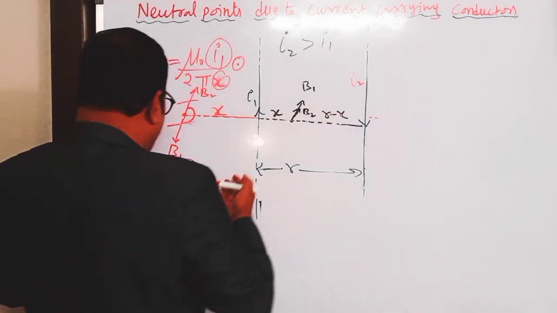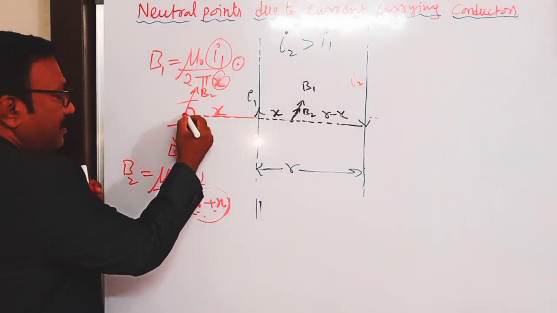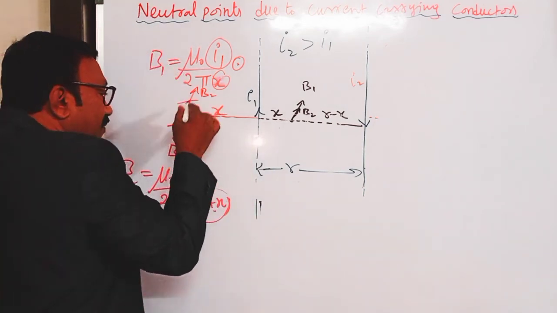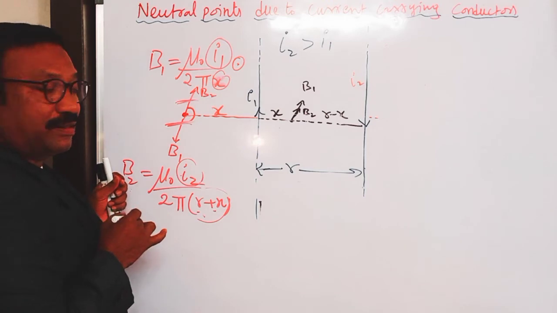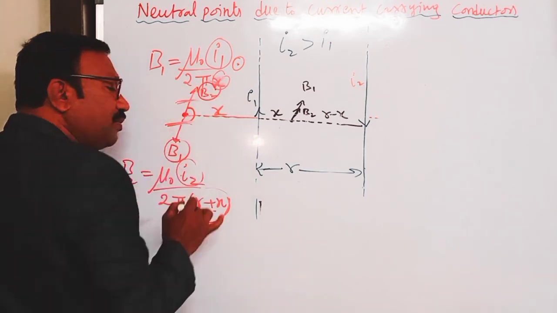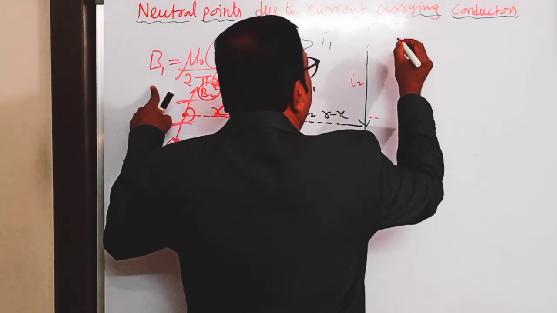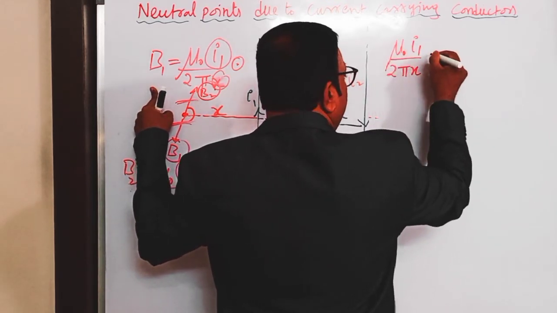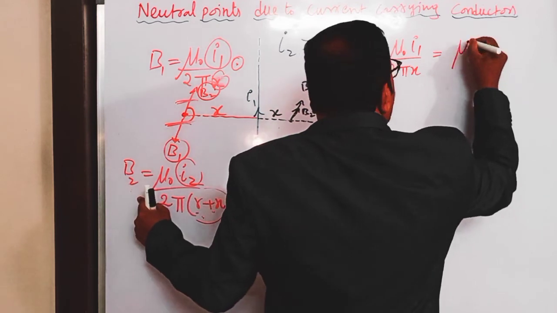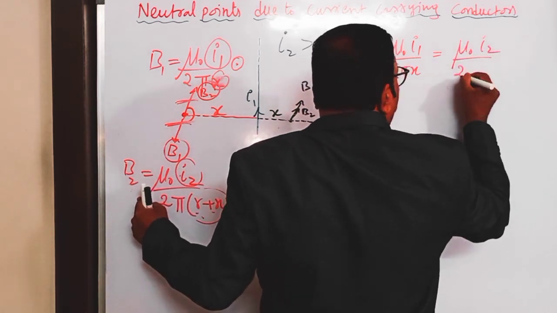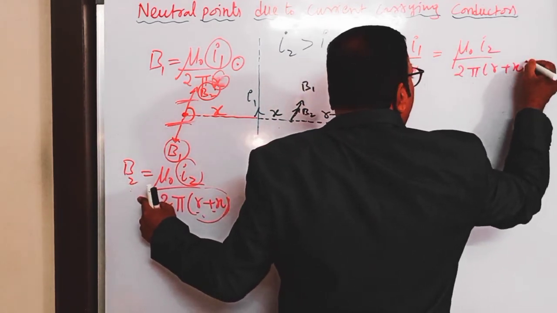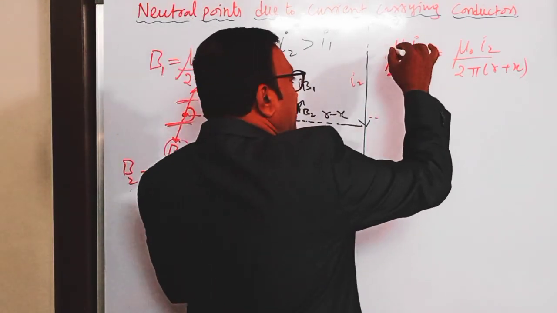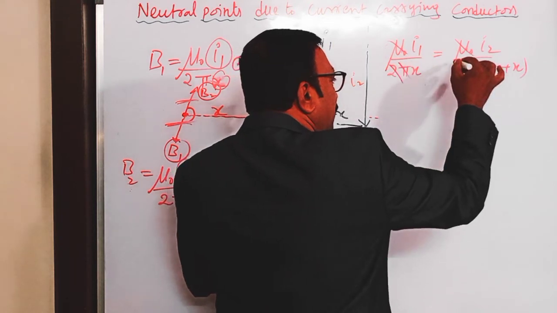So I want to find here, and this is taken as the neutral point, right? If this is a neutral point, the resultant field must be 0. These two will get cancelled. So the magnitude of B2 and magnitude of B1 are equal. So I'll take mu naught I1 by 2 pi x is equal to mu naught I2 by 2 pi (R plus x). The mu naught gets cancelled, 2 pi gets cancelled.